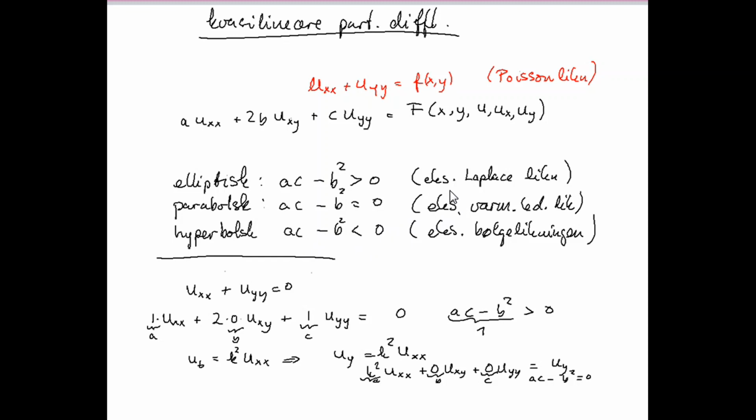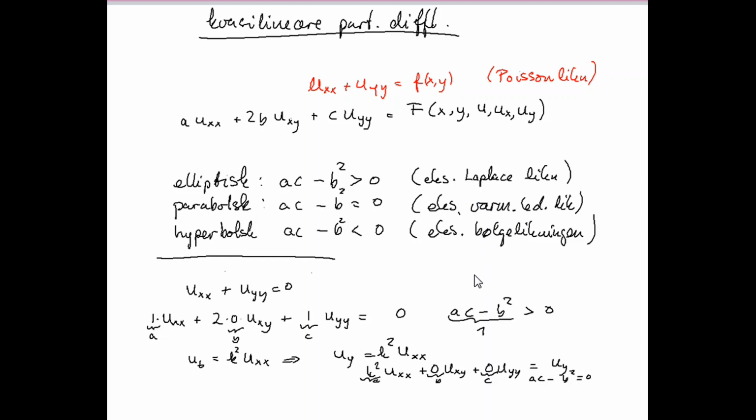And we have 3 classical examples of elliptic, parabolic, and hyperbolic equations. The typical example of an elliptic equation is the Laplace equation. For parabolic equations, we have the heat conduction equation as an example, and for hyperbolic equations, we have the wave equation.